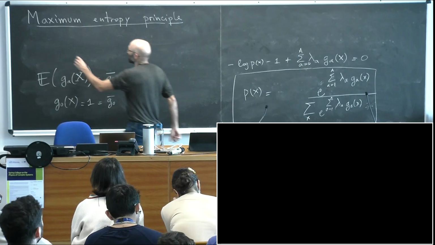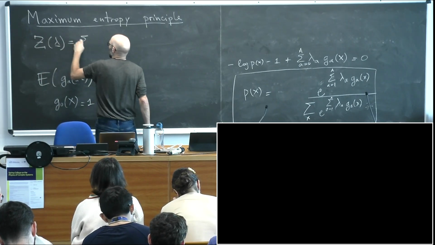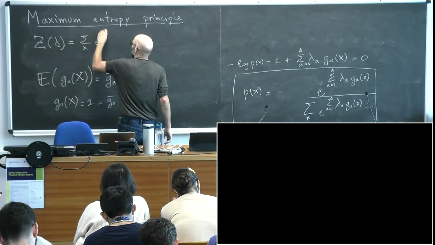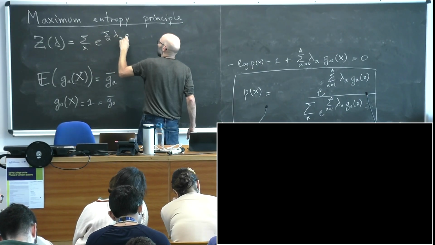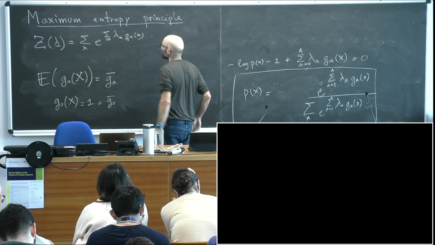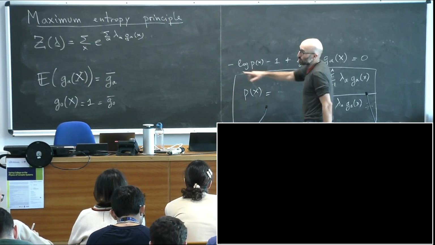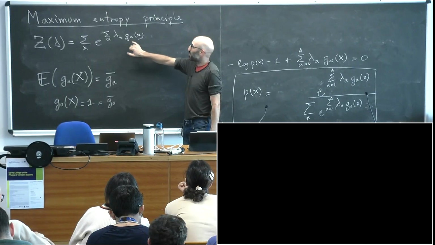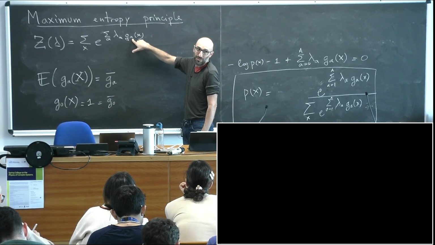If I call Z of lambda the sum over x of the exponential of the sum over a of lambda_a g_a of x, then the logarithm of this quantity generates all the cumulants of the g.